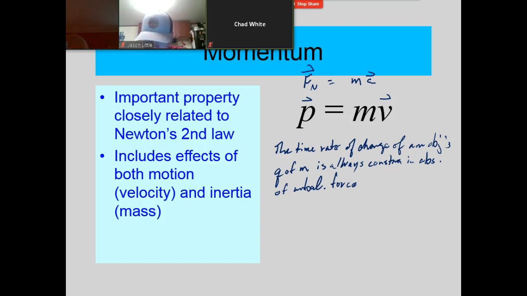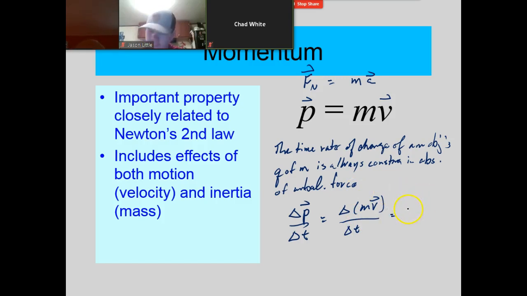And when I say that, let me show you what that would look like. The time rate of change, that would be change of momentum, quantity of motion, per unit time. That would be the change of mass times velocity per unit time. Well, mass is a constant. It doesn't change.